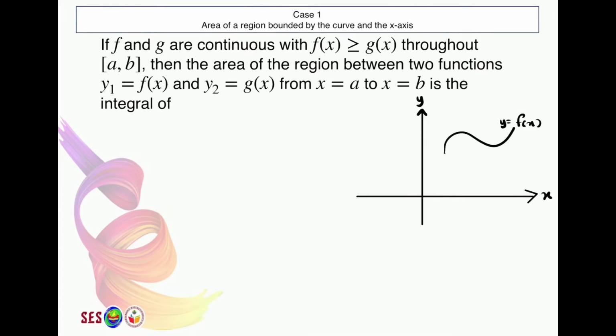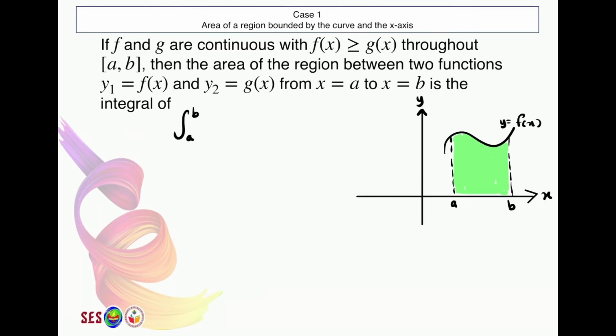When we have such graphs, and if we were asked to find the area between the interval a and b and also the curve y = f(x), how do we go about finding it? The area that we want to find is actually the area that I am shading right now. So this is the area bounded by the curve and also the x-axis. What we have just said is we take the interval a, b, and we take the upper function minus the lower function.